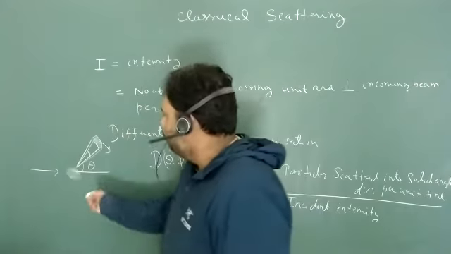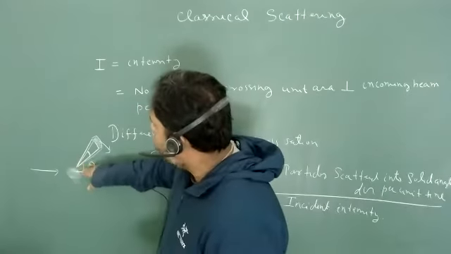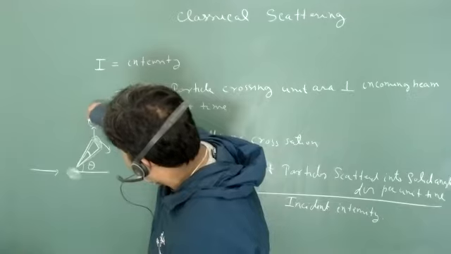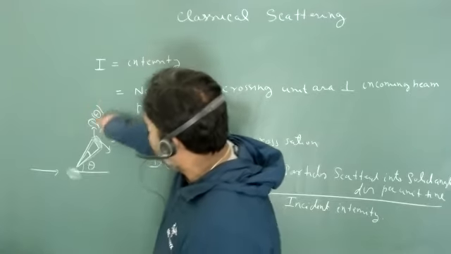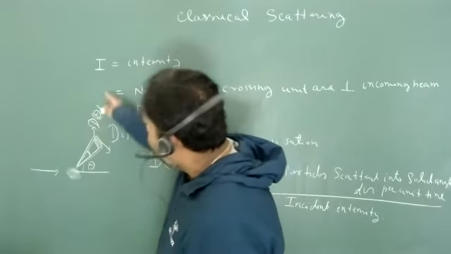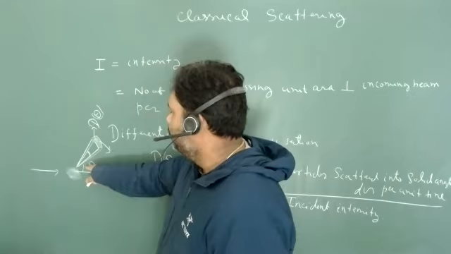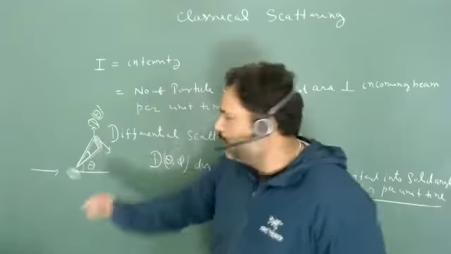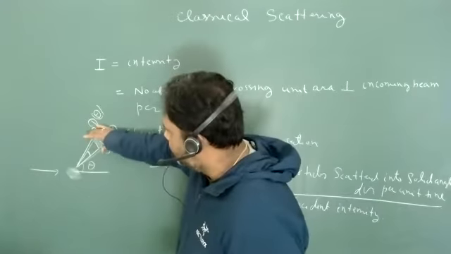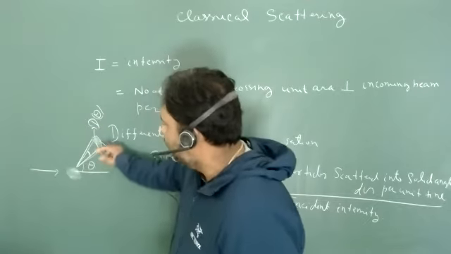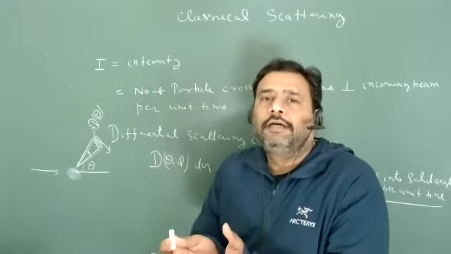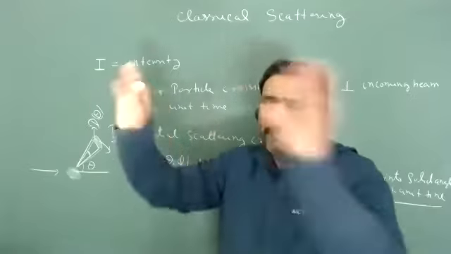We will just try to measure this particular d theta, because this is nothing but area, this particular d theta at angle theta. If we rotate this angle theta completely, then obviously we will cover all possible space.